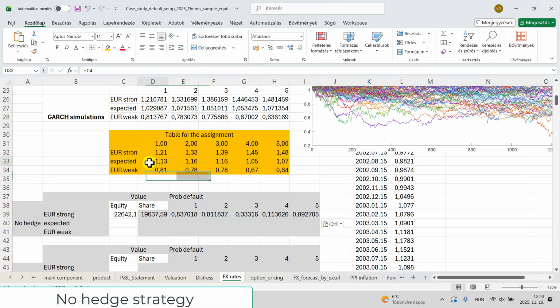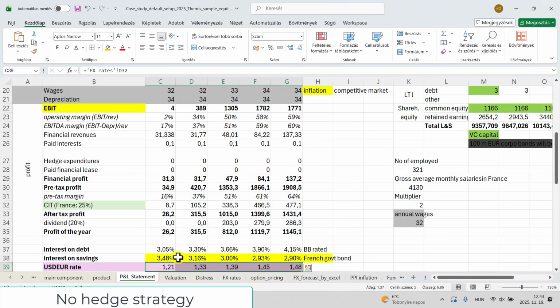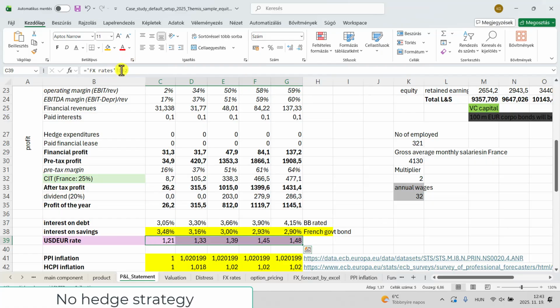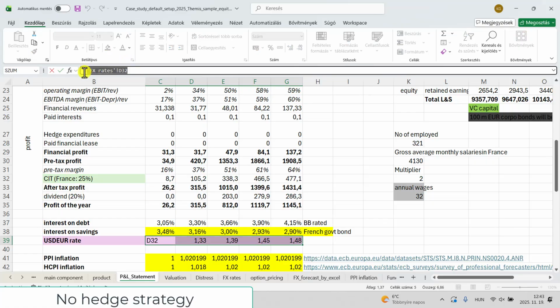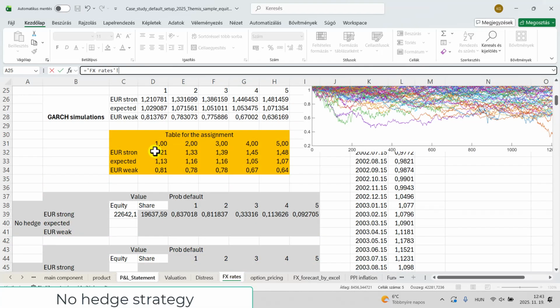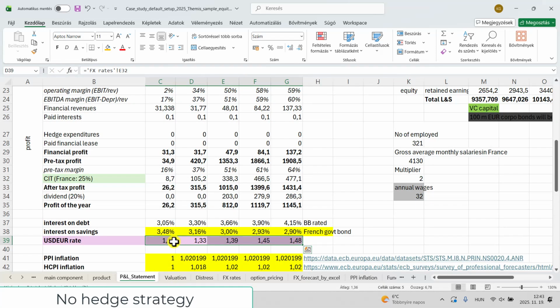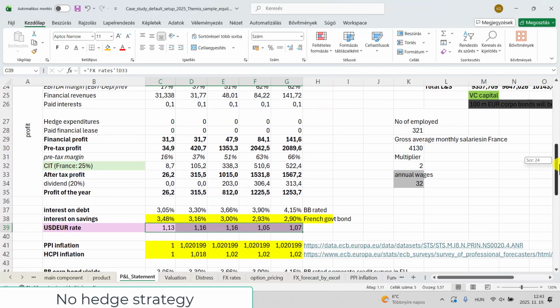Then the next one is when we are switching to the expected. So again, US dollar euro rate, just in the case of the yellow, instead of going here, we are going here. So now, since the euro is less strong against the US dollar, we can see that our profit is increasing because of this juicy Amazon contract.